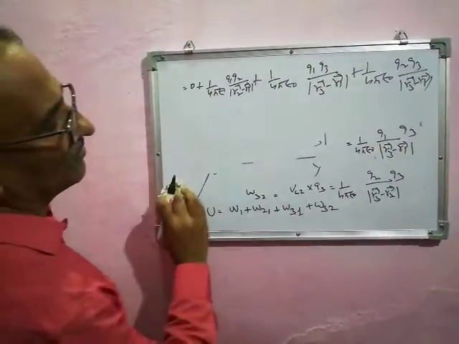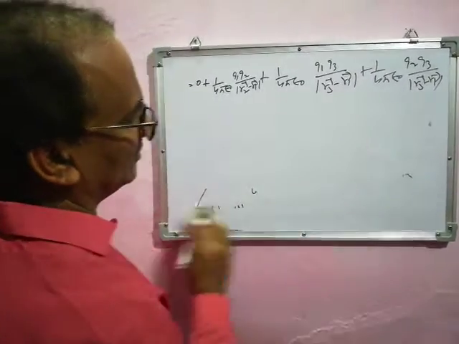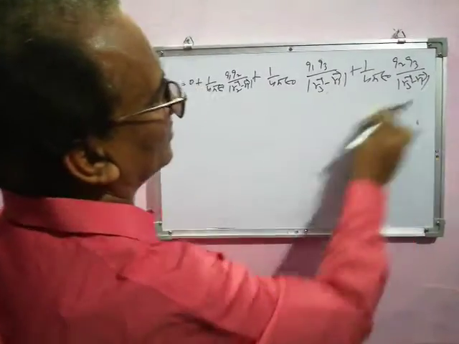This is the expression for the electric potential energy of a system of 3 charges.